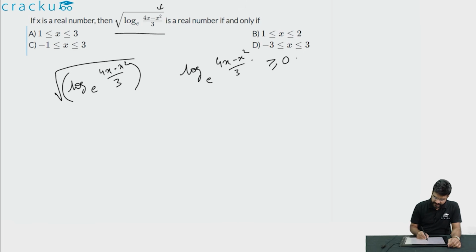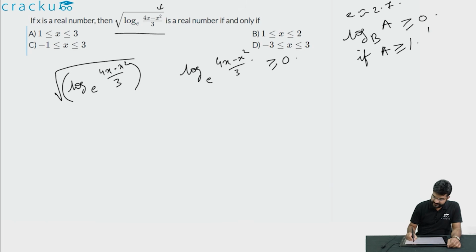Now if you are looking at this logarithm, the base of this logarithm is e, which is approximately equal to 2.7. That is, it is greater than 1. So the logarithm of a number is greater than or equal to 0 only if that number is greater than or equal to 1. That is, logarithm of a to the base b will be greater than or equal to 0 if a is greater than or equal to 1.